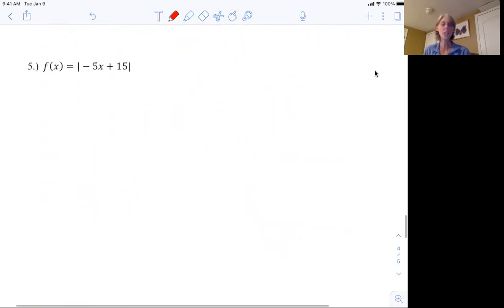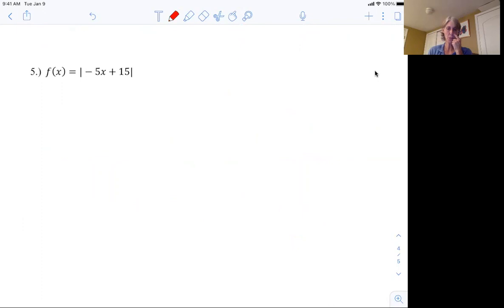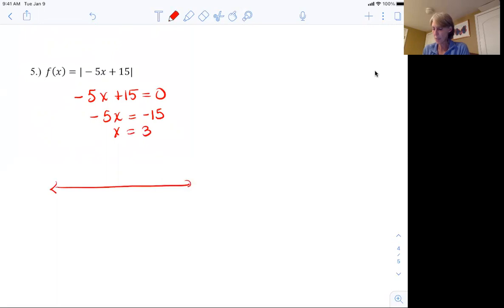And our last function here, negative 5x plus 15. I just wanted to go through this real quickly. Again, start by setting what's inside the absolute value sign equal to 0 to find where it changes rules. And for this particular case, it's going to be at 3. Plug in a number less than 3. How about 0?